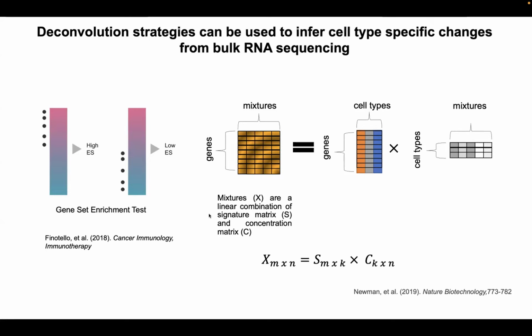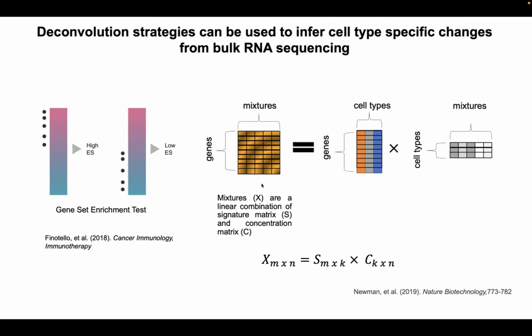Nowadays, people have been utilizing deconvolution methods. This cartoon shows that the left-hand side is the matrix from the bulk RNA sequencing, where each row is one gene and each column is one sample. So here is the matrix you get from your bulk RNA sequencing.